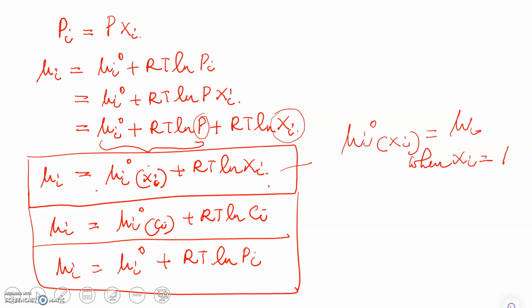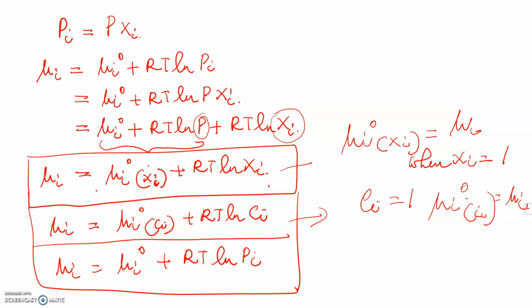When Xi is equal to 1, ln 1 is 0. This term vanishes, and what is left is mu i is equal to mu i 0 Xi. In this case, when Ci is equal to 1, what happens? This term becomes 0, and what is left is mu i 0 Ci is equal to mu i, in the first equation.